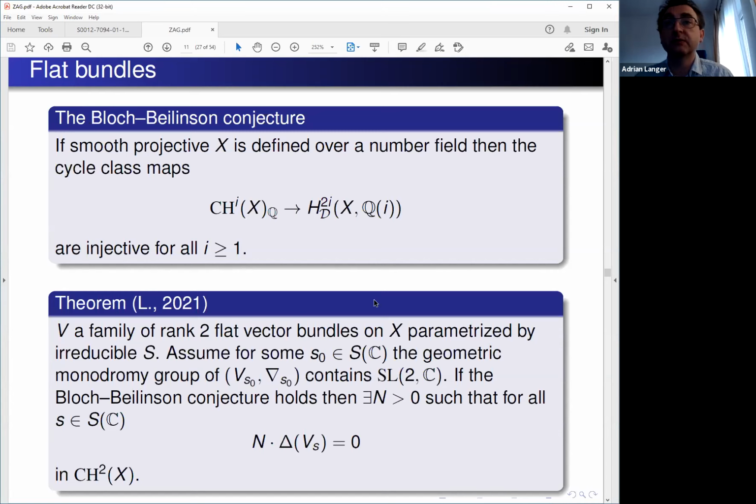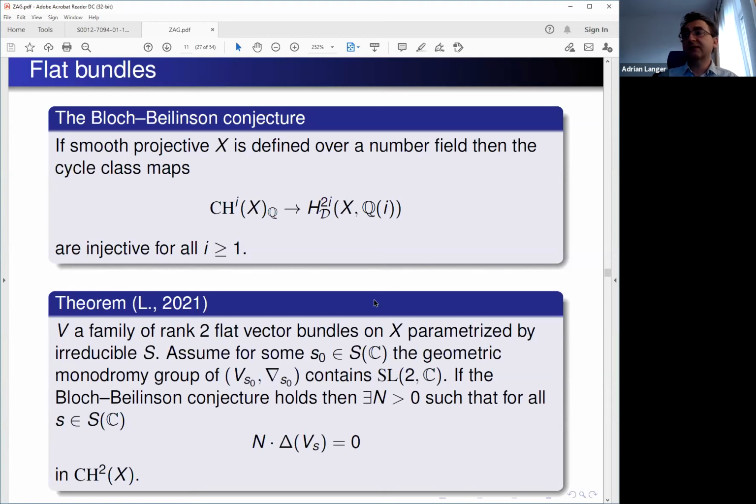So this is the geometric monodromy group, and then I assume that this contains SL2C at some point, and then what this says is that the order of torsion is bounded everywhere, which is kind of strange if you think about this a little bit, because this example that I gave earlier could also be thought of as an example of a flat unitary connection, rank 2 connection, but then this discriminant in this case was not torsion. But here, if we assume something about the monodromy groups, then it becomes torsion.